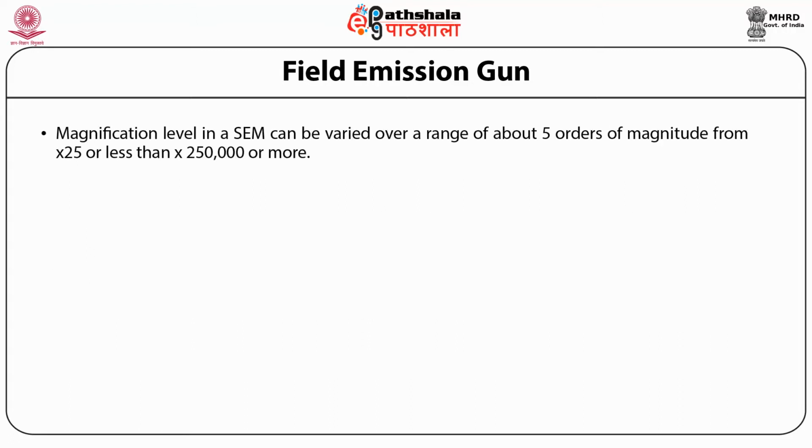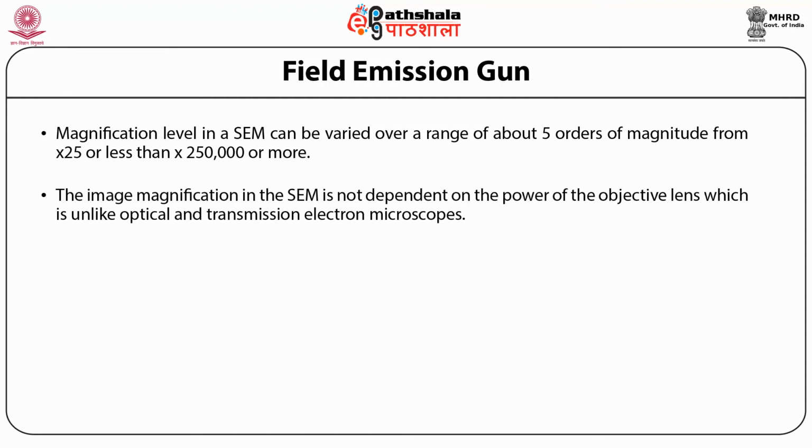The magnification level in a SEM can be varied over a range of about 5 orders of magnitude, from 25x or less to 25 lakh x or more. The image magnification in the SEM is not dependent on the power of the objective lens, which is unlike optical and transmission electron microscopes.